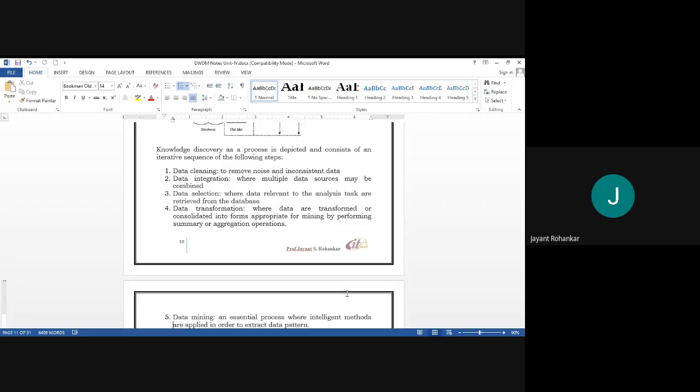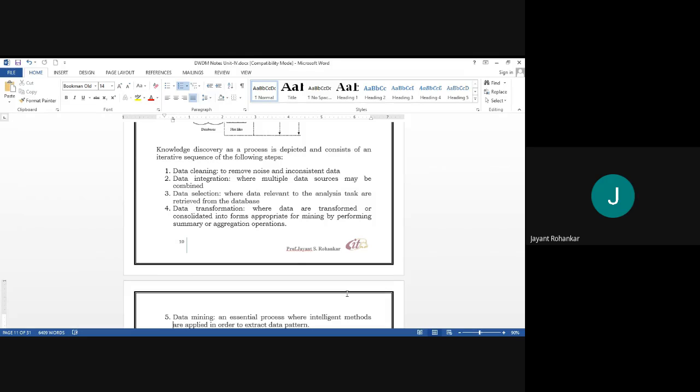So that's why from that huge amount of data we have to take knowledge. So data integration is needed while we are applying the KDD process. Data selection, where data relevant to the analysis task are retrieved from the database.